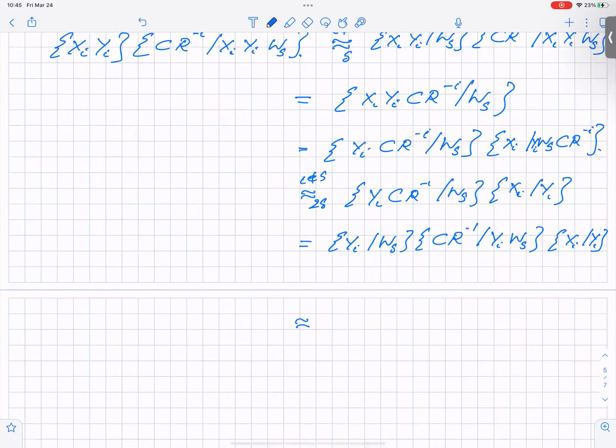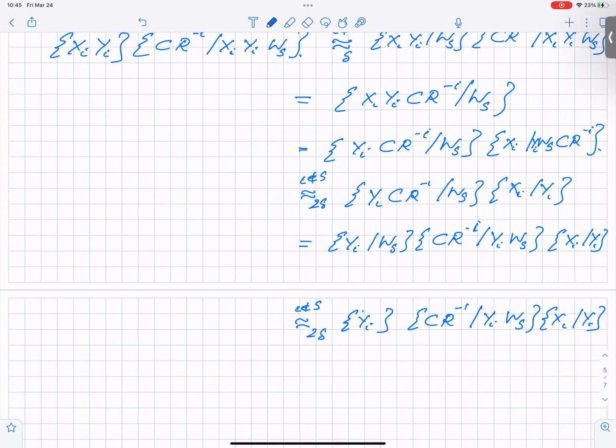And then we know this is once again I naught in S, 2 delta, Yi, C_{R minus i}, Ws, Xi conditioned on Yi. But that's exactly what we want.